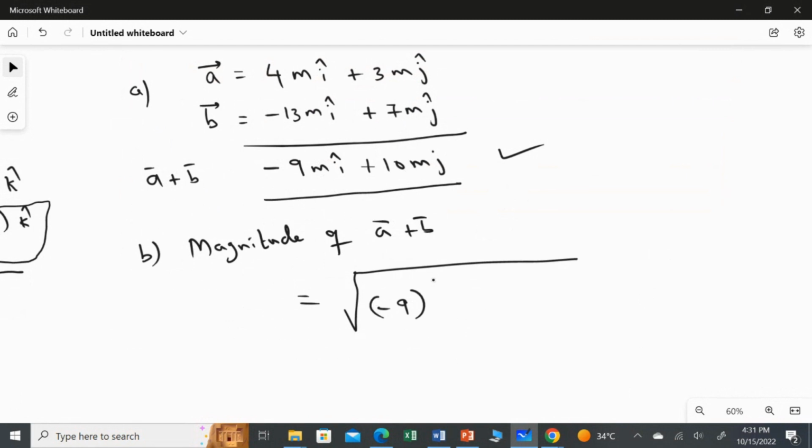Minus 9 square plus 10 square, which is equal to square root of 181, which gives the answer of 13.45 meter. Clear? This is the answer for the second one.